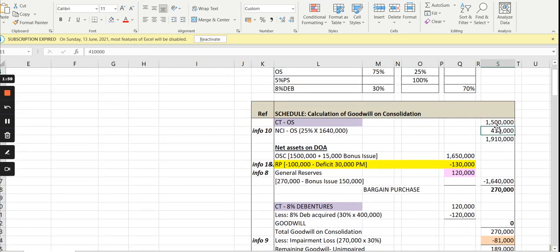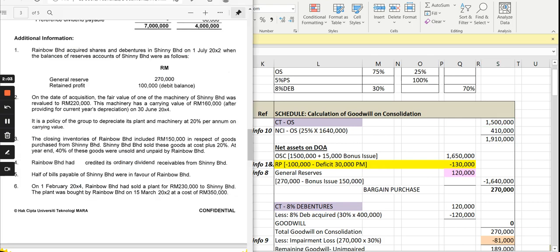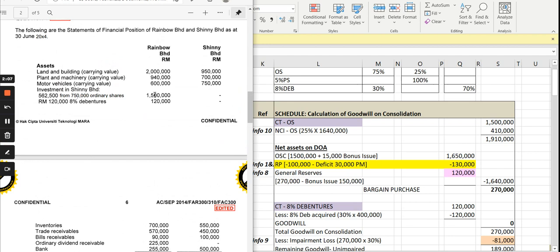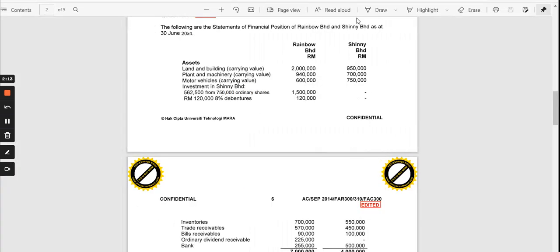So this 1.5 million here, in case you wonder where it is from, comes from this figure here. Let me just take a highlighter so that it is easy for me to point out.